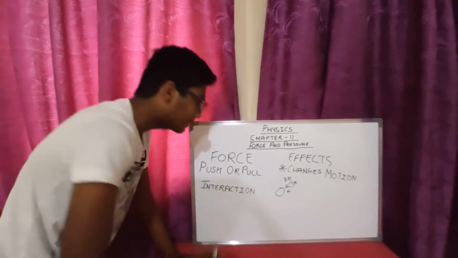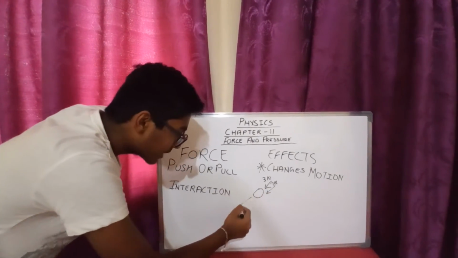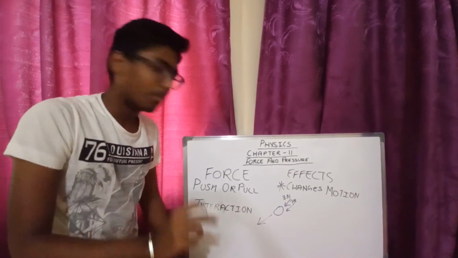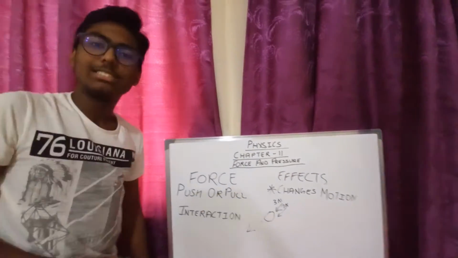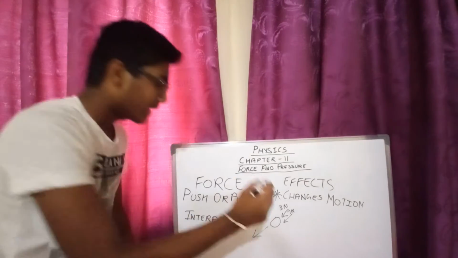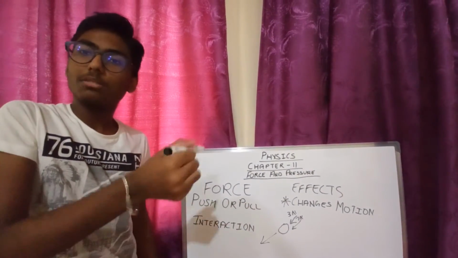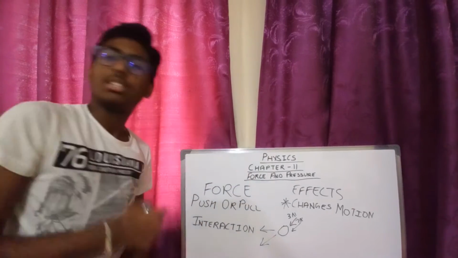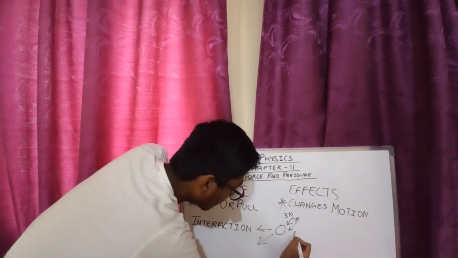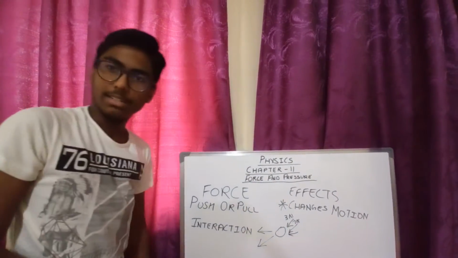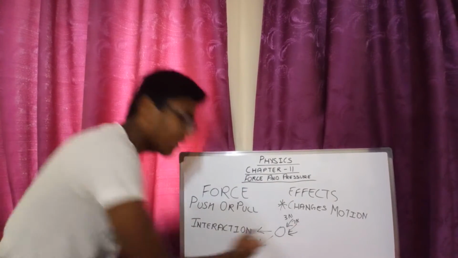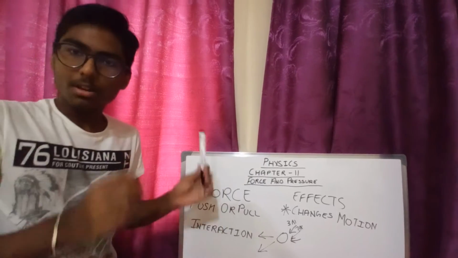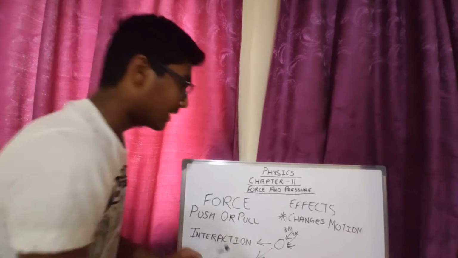So what happens? The force increases now. The motion was slow, but after you add the 7 newtons, the motion increases and the speed also increases, and sometimes the direction can also change. If you apply the force from another direction, then the ball can even change its direction. So that means force changes the motion.